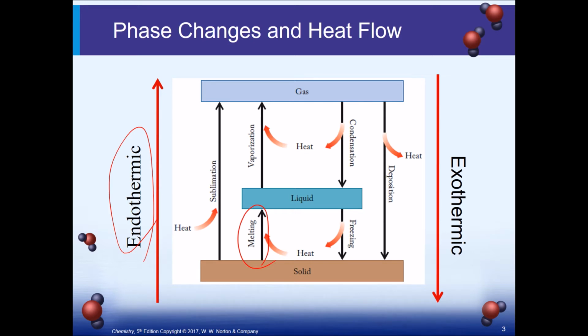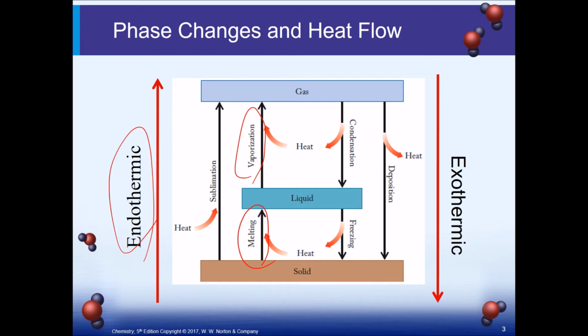Similarly, as we go from the liquid phase to the gas phase, again, we have to put heat into the system in order to break the neighboring molecules that are close together apart from one another. So that would also be an endothermic process.